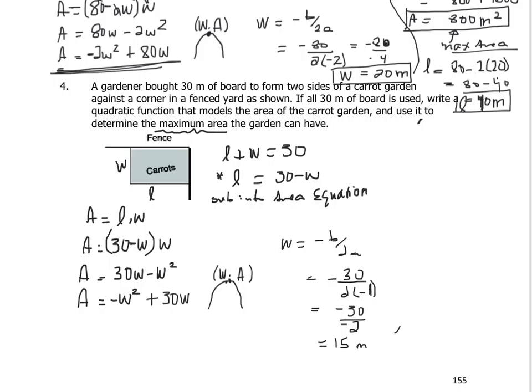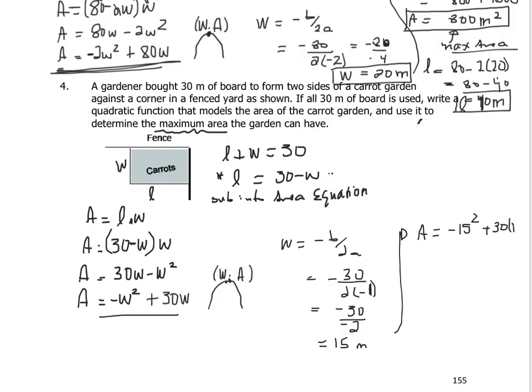And then to get the maximum area, you can either figure out the length using this formula up here and then go length times width if you want, or you can go back to this area equation and get the area using the width of 15, so negative 15 squared plus 30 times 15.